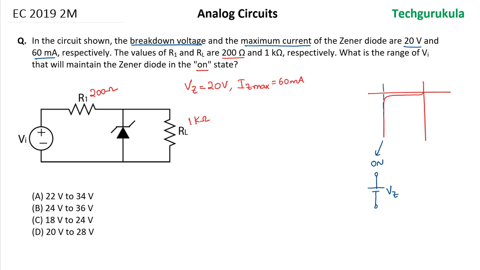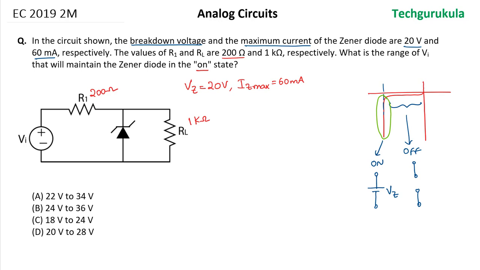This is the equivalent circuit model for the Zener diode in the breakdown region. Whereas in the off region, the Zener diode is considered to be an open circuit because the current flowing through it is negligible. Now, in order to get into the on region, first of all, the Zener diode has to go through the off region.